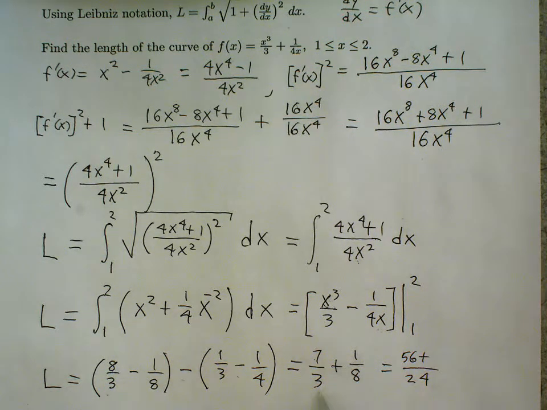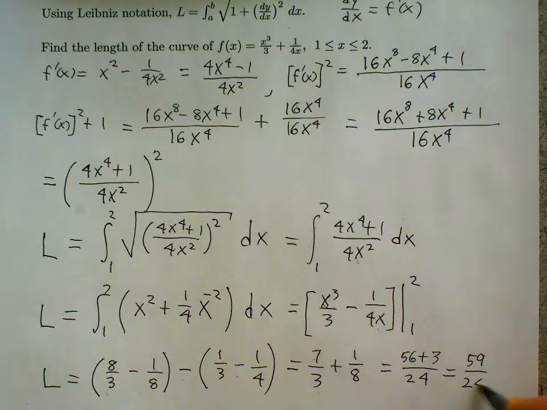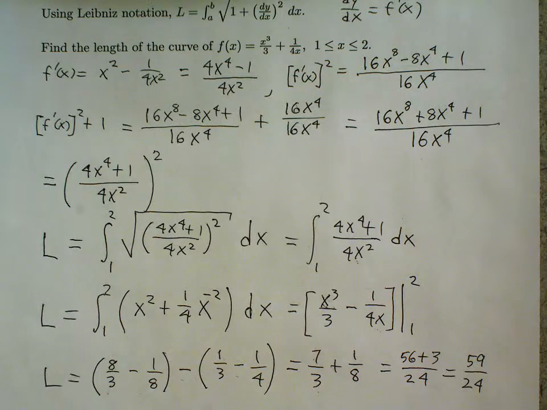And 1 times 3 is 3. So the arc length is 59/24. So almost 2.5 units. Okay, let's do the next example on the next page.